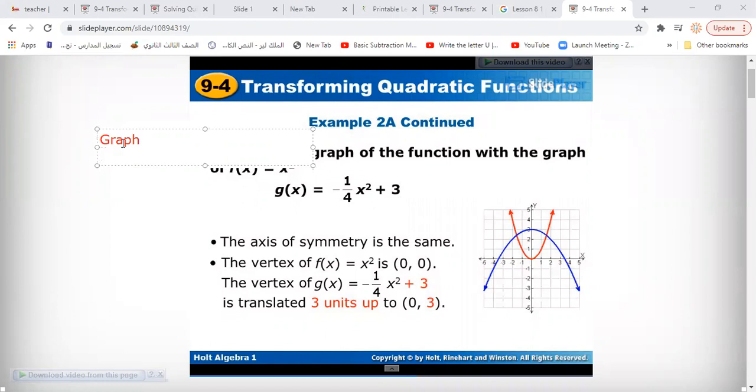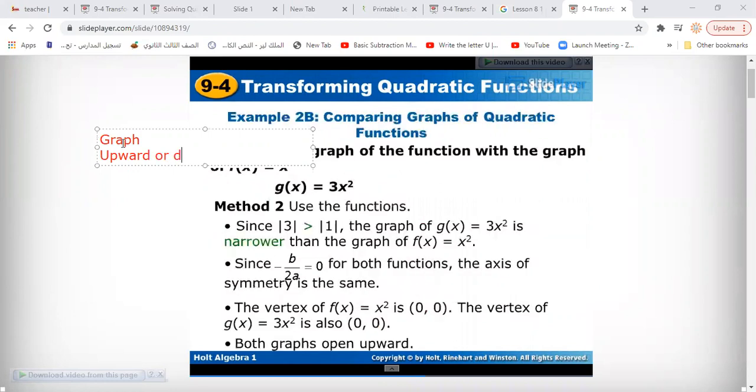If we are going to compare which one represents upward or downward, it will depend on the coefficient of x squared. If it's positive, the parabola will be upward. If it's negative, the parabola will be downward. Then if you want to compare graphs, as I said, you will compare which one is wider or narrower.